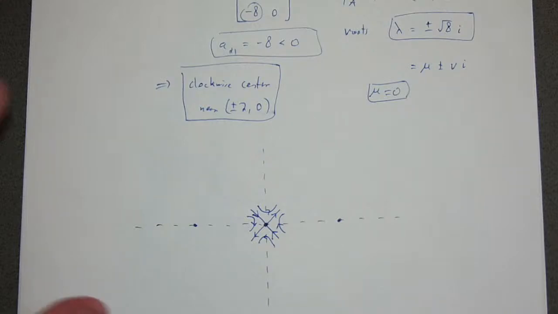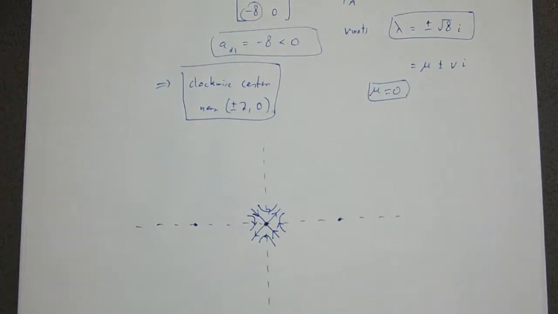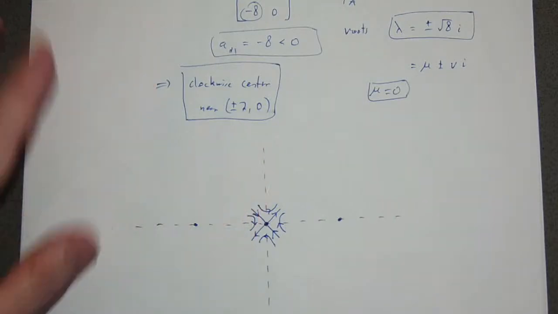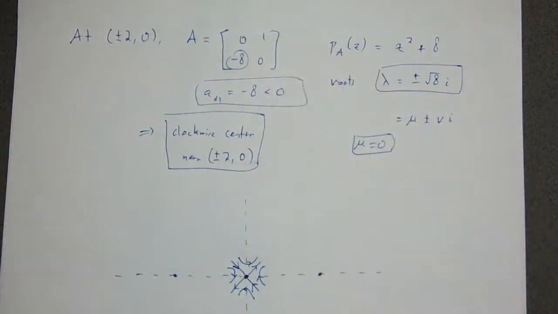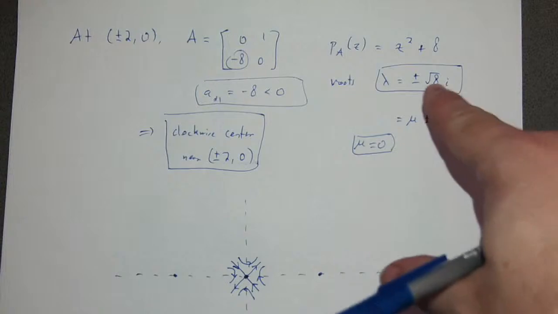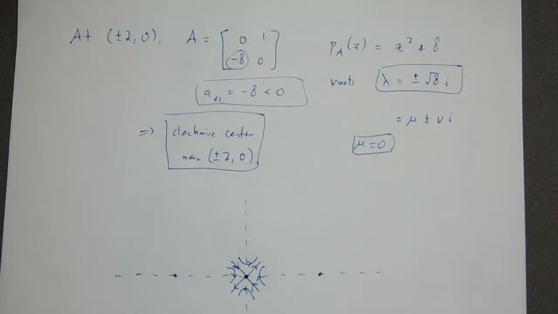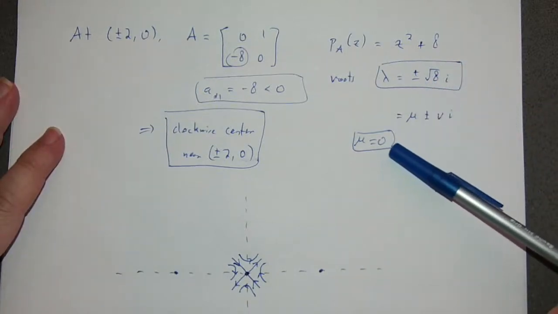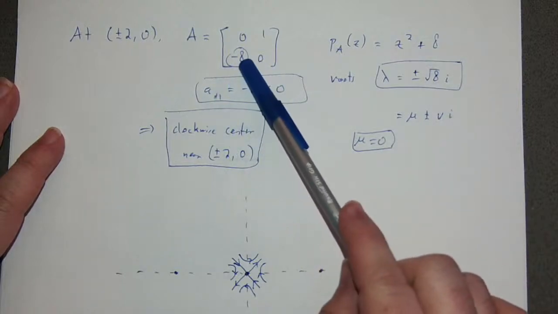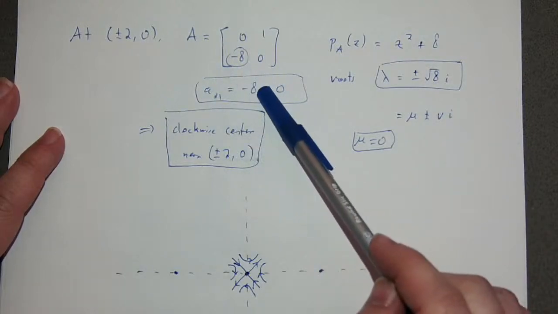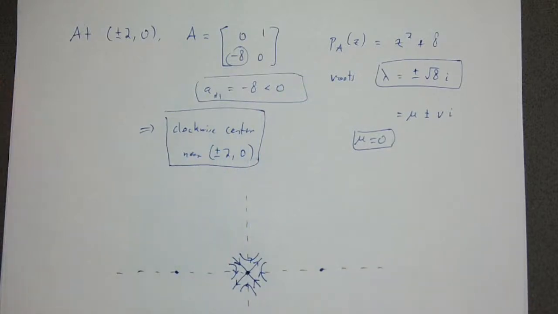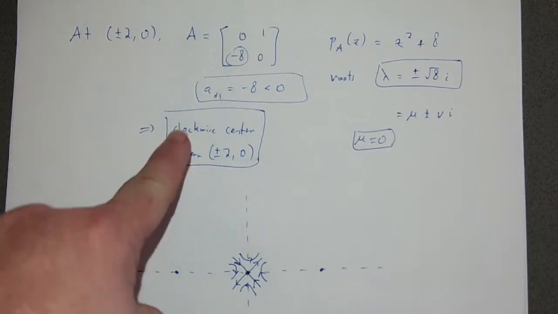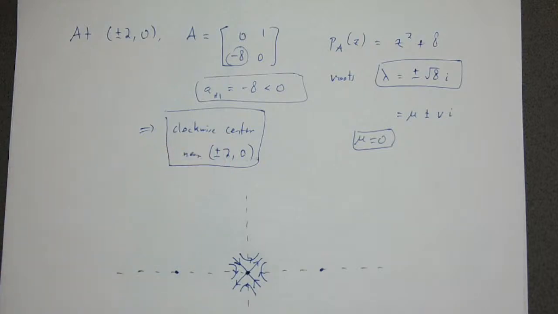Okay. What about near these points? Well, we just saw that at plus or minus 2, 0, my matrix is 0, 1, minus 8, 0. This has roots plus or minus root 8 i. This has real part 0. The A21 entry in the coefficient matrix is minus 8, so it's negative. By that classification of phase plane portraits, this leads me to the case where I have clockwise centers near both of these.